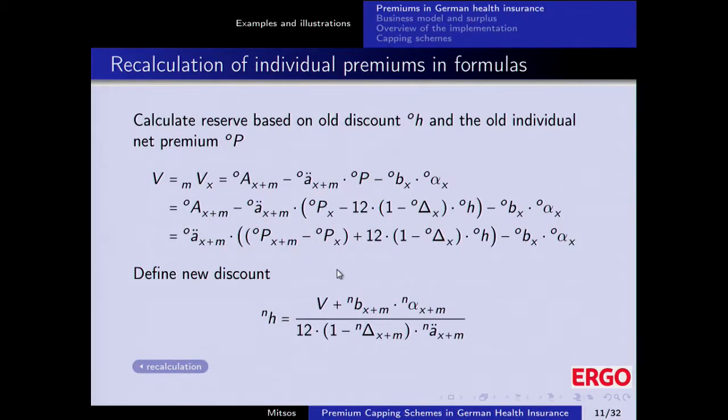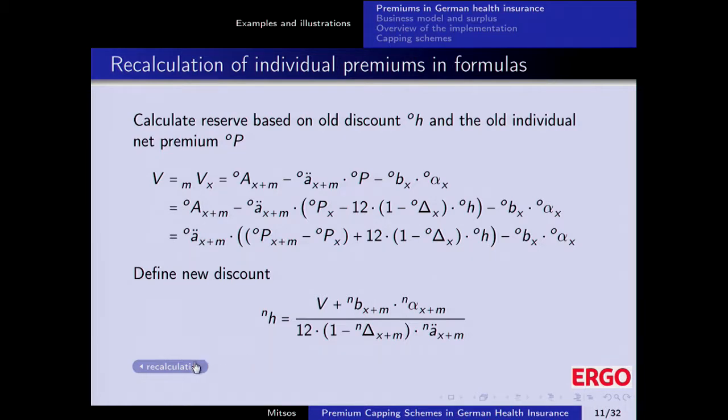The formulas would be this: this formula gives the accumulated reserve, and the reserve defines a discount. The important thing is that the reserve is divided by an annuity. The annuity says more or less how many years we expect to have this person under contract. And so it says how I have to make small pieces out of my reserve, each of them lasting for 1 year.